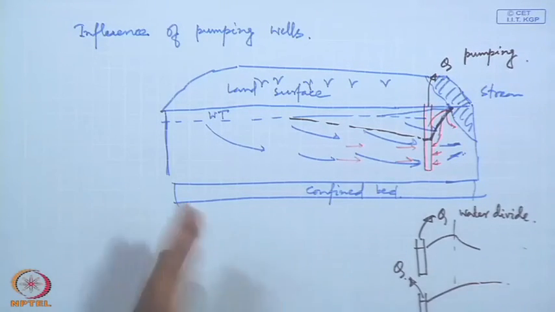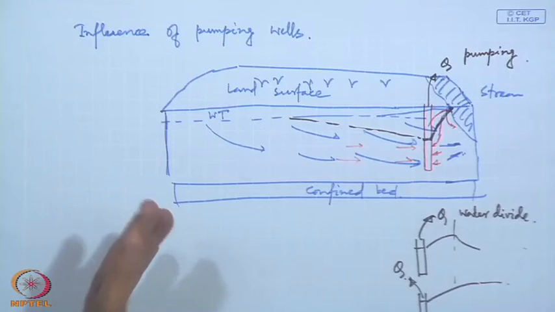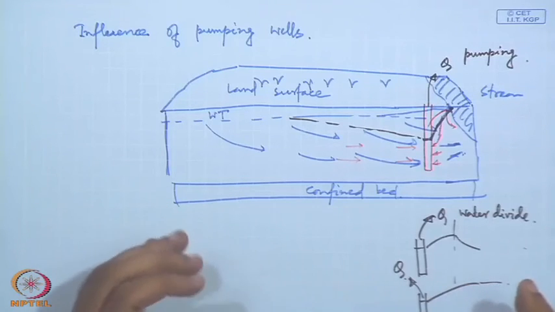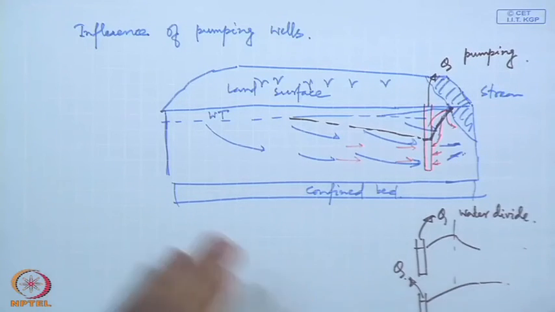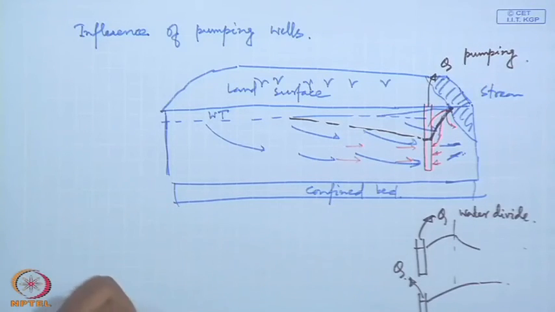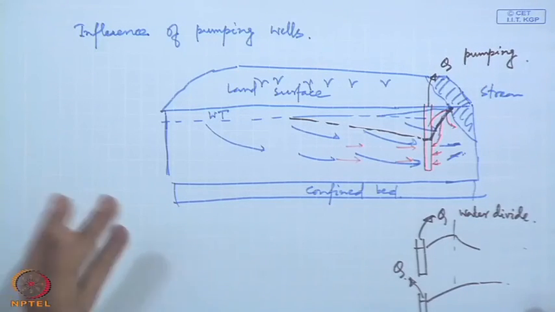So, there is always interaction between streams and aquifers. Most importantly, if you have two reservoirs, let us say that one reservoir is leaving water at a certain rate, and another reservoir is leaving at a different rate.